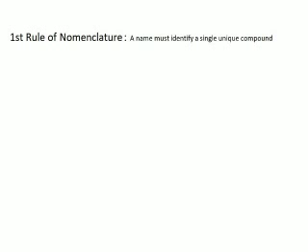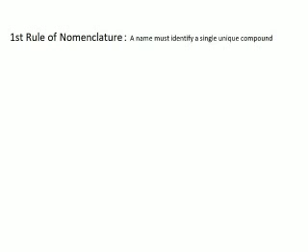Which brings us to nomenclature, the naming of compounds. And the first rule of nomenclature is that a name must identify a single unique compound. The whole point of using a name is so you know what compound you are talking about. If a name refers to a couple of different compounds, then using the name doesn't tell you what you're talking about.